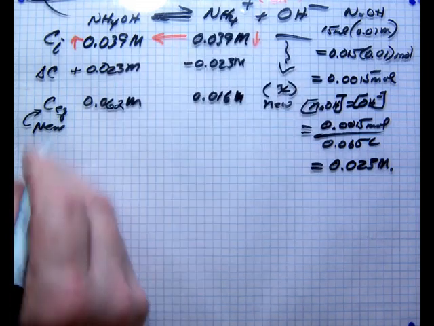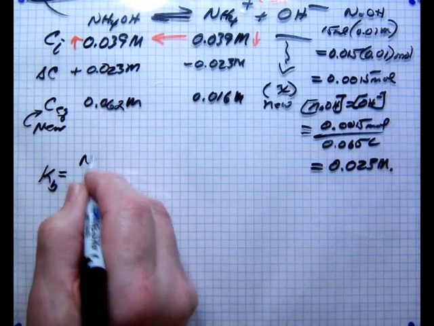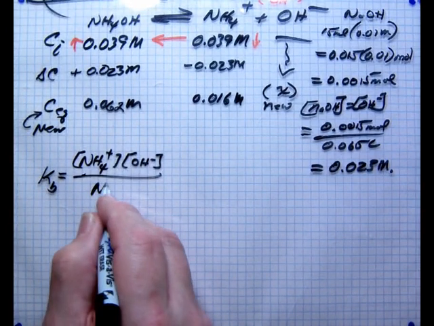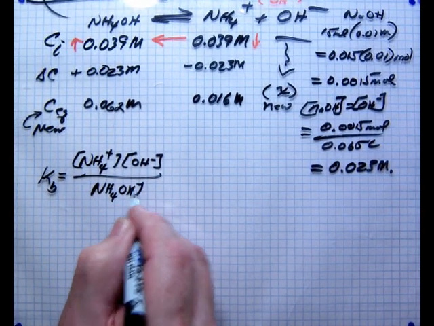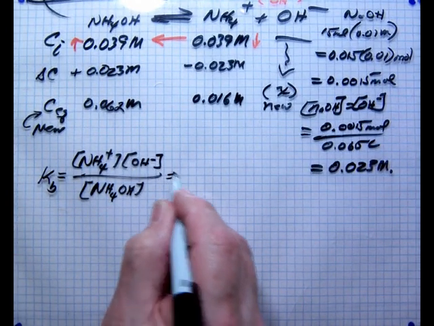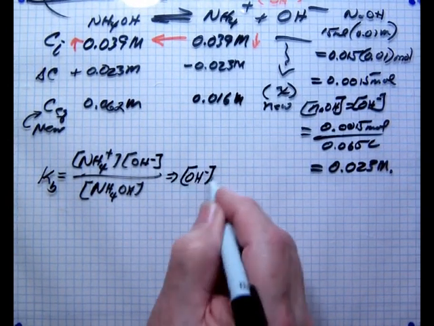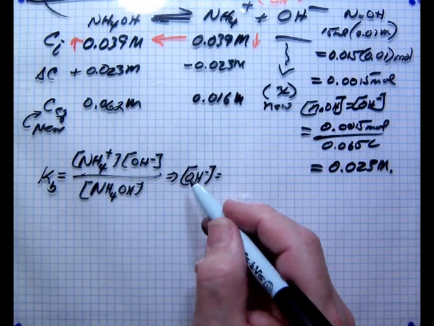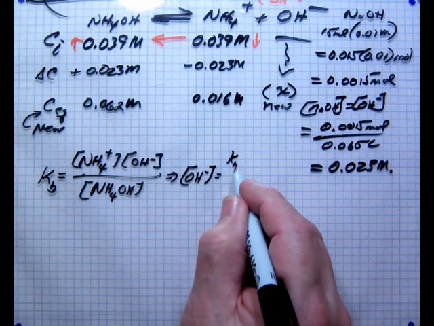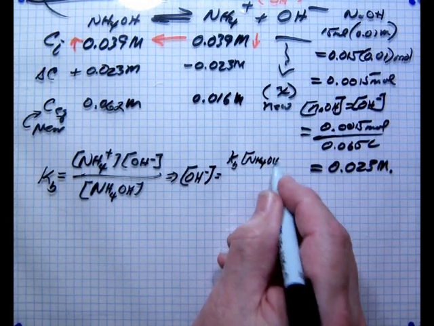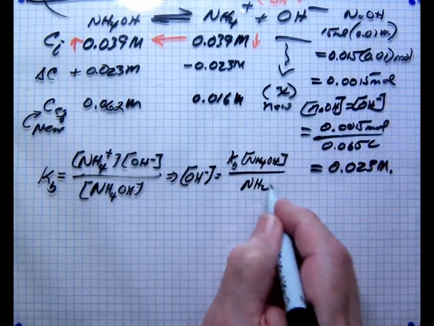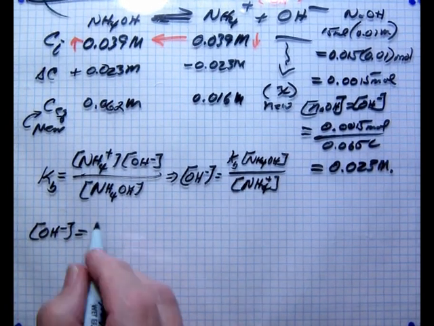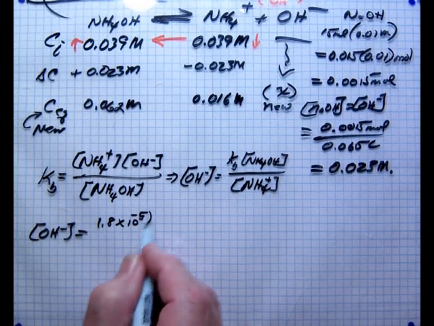Okay, so the Kb expression for this equilibrium is given here, and we need to solve for the hydroxide concentration, which will lead us to the hydronium ion concentration and consequently the new pH, which is the objective. So Kb is 1.8 times 10 to the minus 5.